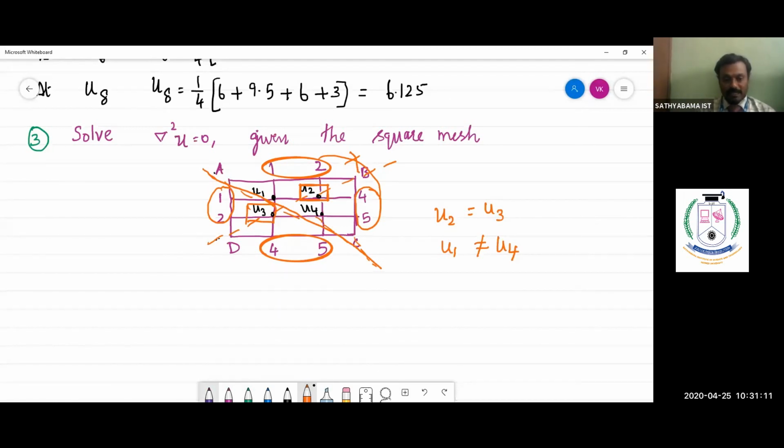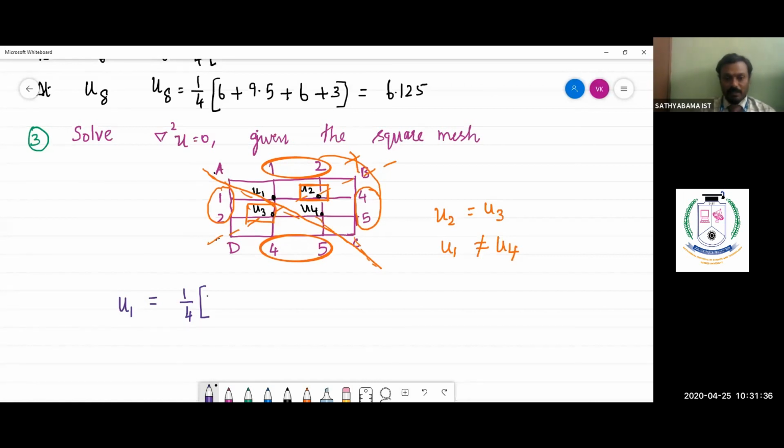So if you take U1, it is going to be 1 by 4 into the points, applying the standard 5-point formula. Or one thing we can do, we'll get a set of linear equations which we have to solve. So let's go by that.